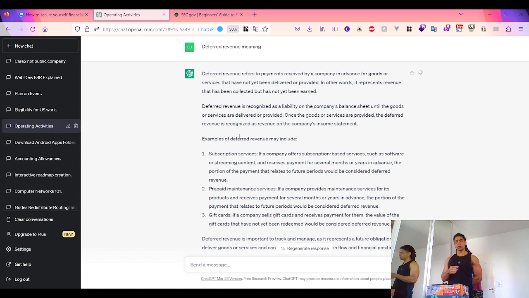In other words, deferred revenue is payments that I collect as a company for good and service I will provide you in the near future. An example is subscription service, prepay maintenance service, and gift cards.